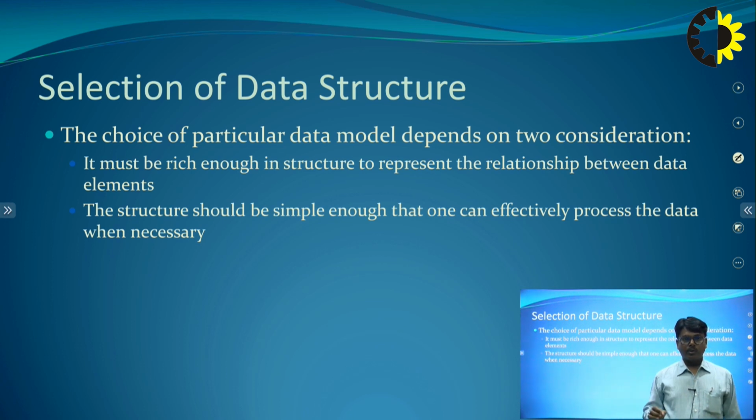It is very important what kind of data structure we select, as there are two different data structures most of the time utilized, linear data structure and non-linear data structure. The choice of a particular data model depends upon two considerations. First, it must be rich enough in structure to represent the relationship between the data elements.